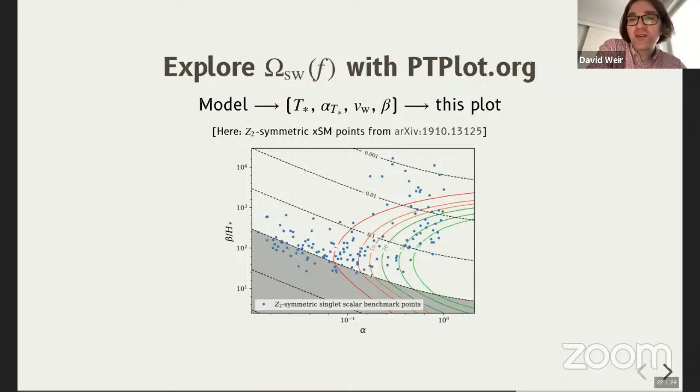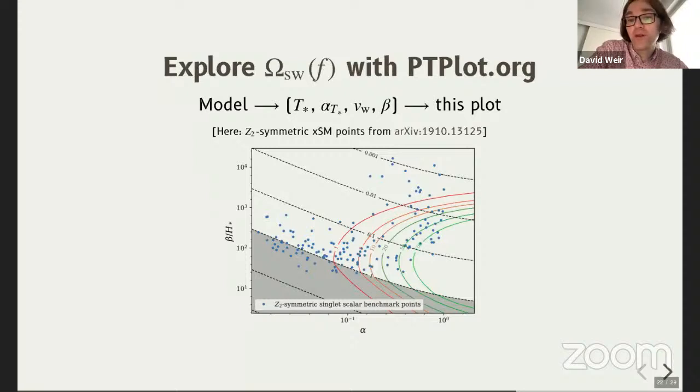And here I've chosen these blue points on this plot, which are for a parameter space scan of a Z2 symmetric singlet extended standard model set of benchmark points by Jonathan Kozaczuk and collaborators, which are summarized in the Cosmology Working Group paper here. And again, you can see that this is on the familiar alpha and beta axes. You can also notice the nice sudden curve backwards in the upper part of the plot.